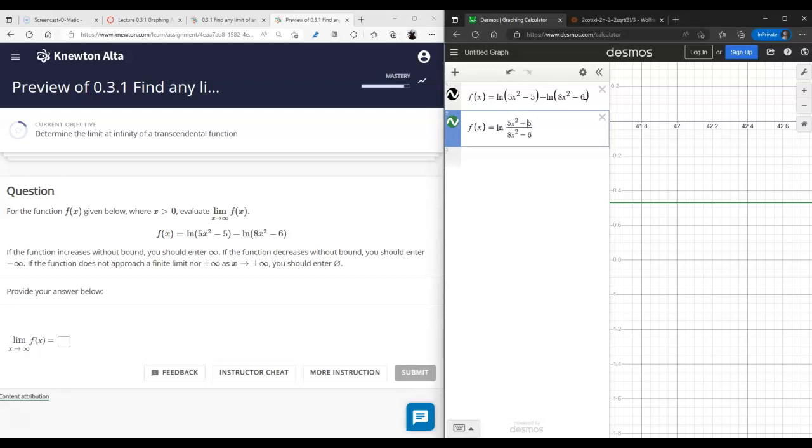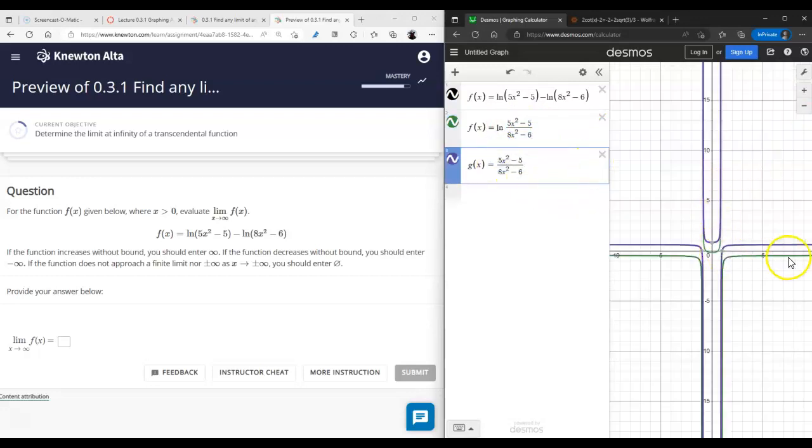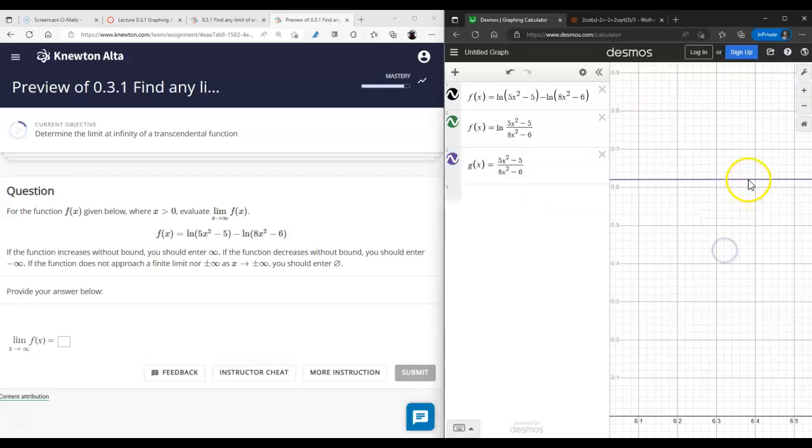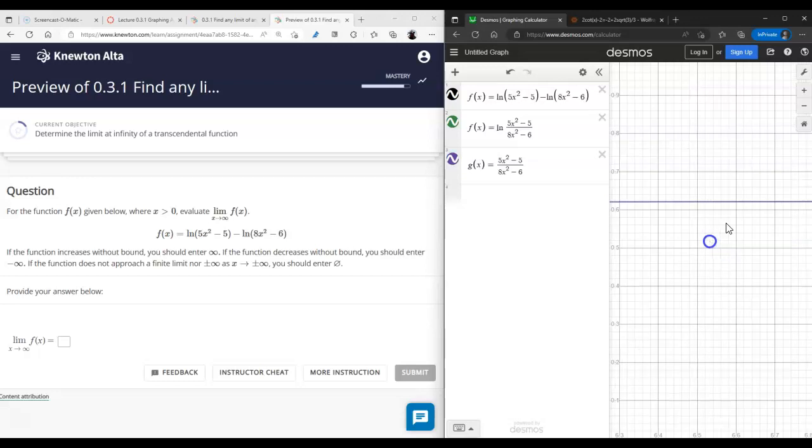And now, instead of looking at this function, I suggest looking at this function. This function is a different function, but because it's just a rational function, the limit of this function is 0.62 as x goes to infinity.